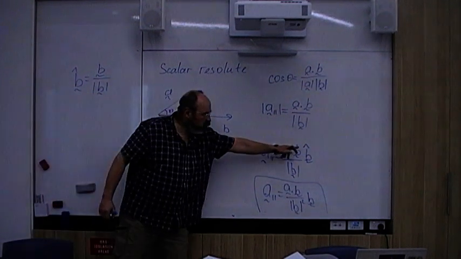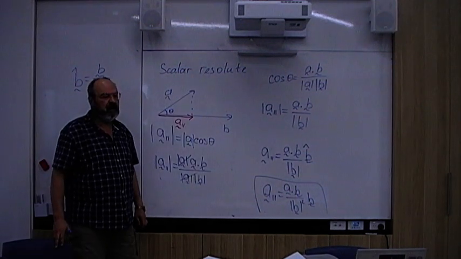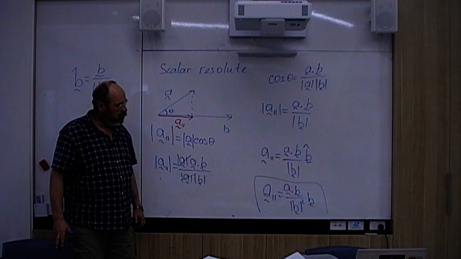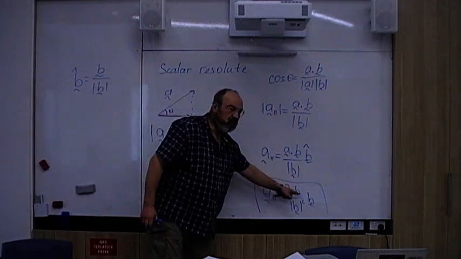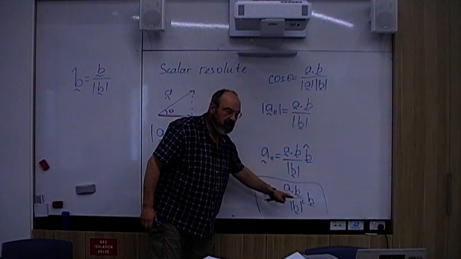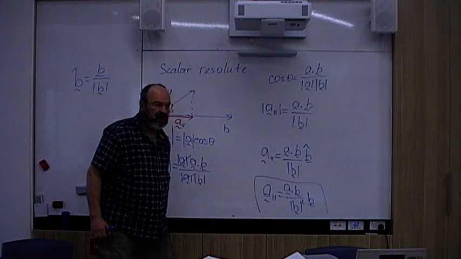Yes, with the hat it's a unit vector. A dot B is a scalar product, a number, divided by the square of the length of B, times vector B.